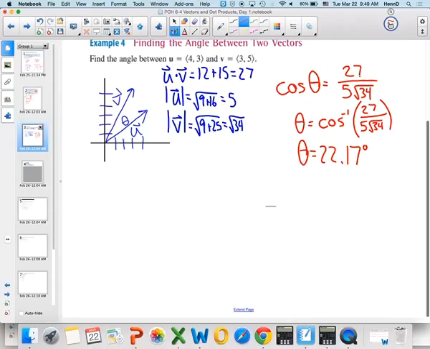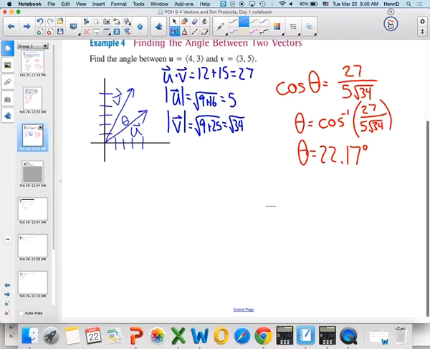What's going to make the cosine be positive, looking at our formula? Can any of those, the dot product or the magnitudes, ever be negative? The magnitudes cannot, but the dot product can.